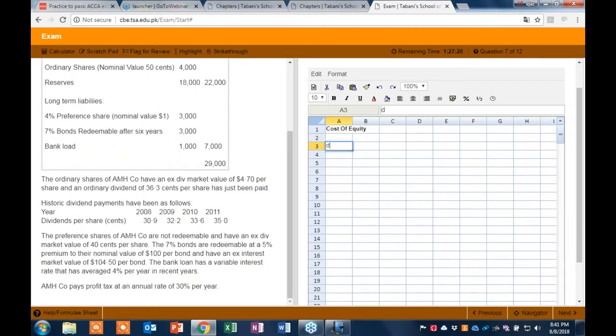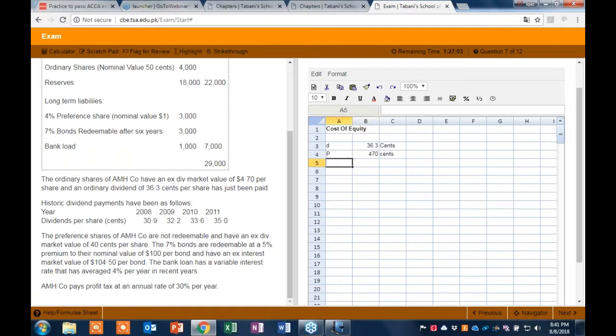What information do we need? We need the current dividend, which is 36.3 cents. We need the price, which should be ex-div, which is 4.7, which means 470 cents.